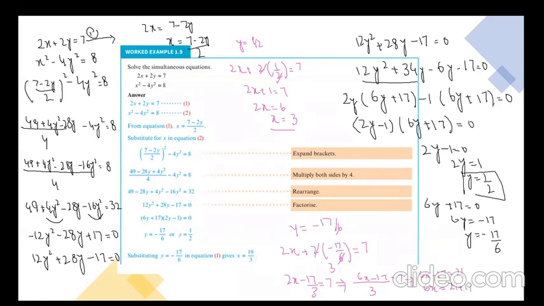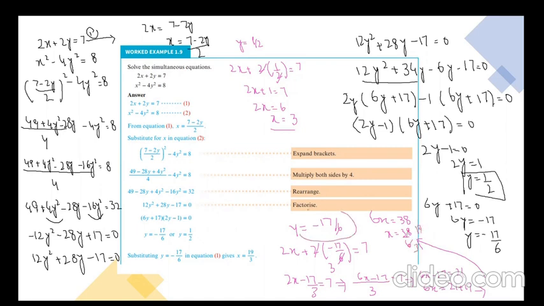So 6x must be, I am writing here, 6x equals to 38 and x equals to 38 by 6. This must be 19 by 3.